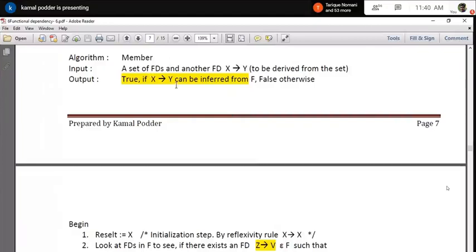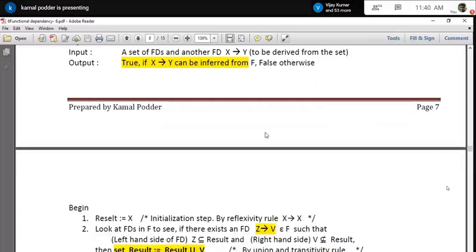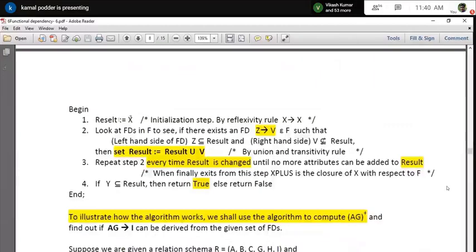So I initialize the result with X, because if I try to find the closure of X, X will be there. That we have already seen from the other lemma. So I start with this X, then look at the FDs in F to see if there exists an FD Z to V in F such that Z is a subset of the result.